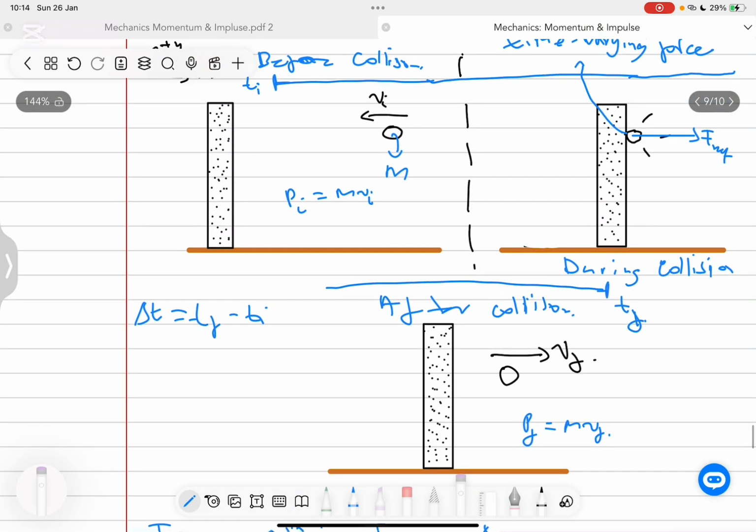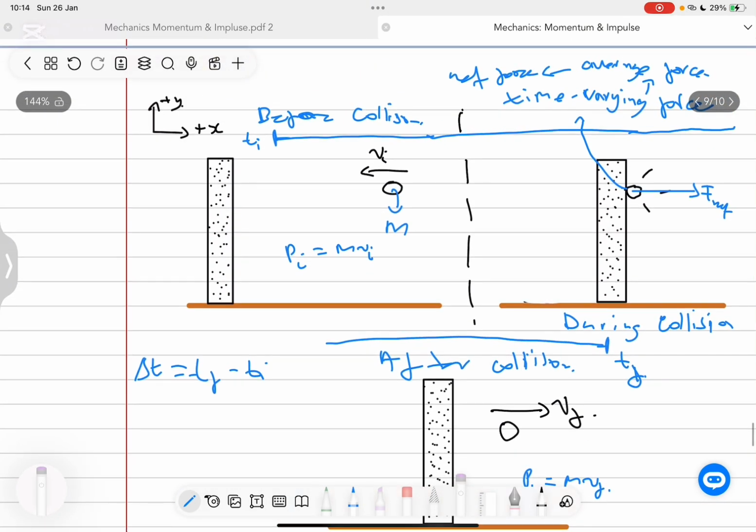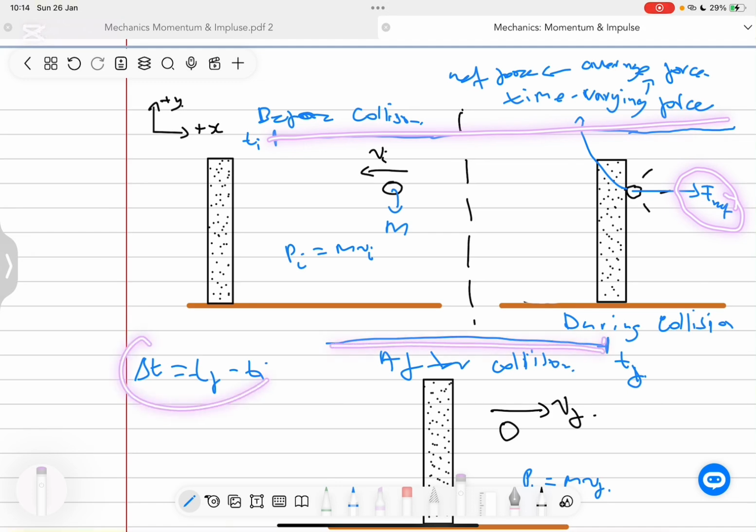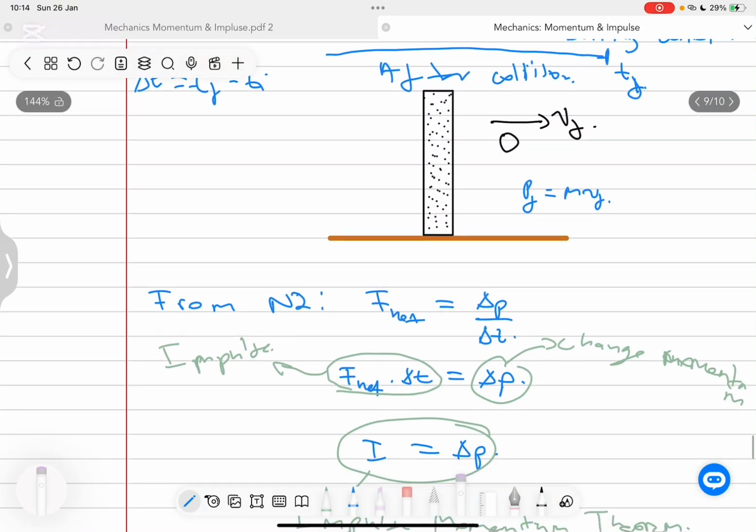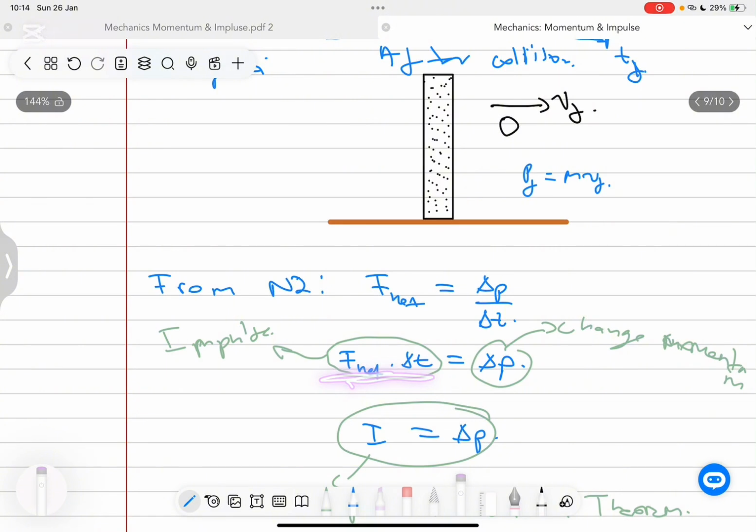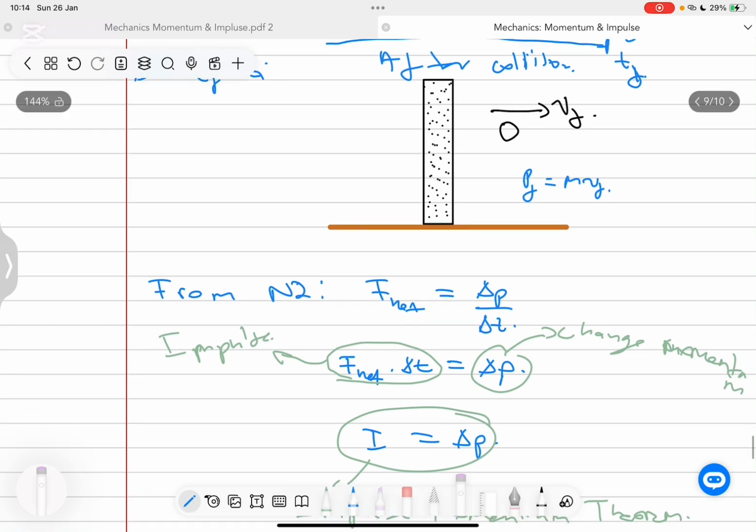If we look at this example here, when I want to calculate the impulse from the definition of impulse, I'm basically going to take this force and multiply it by the time it takes for the force to exist, which is this side. And this will give me the impulse. The two are equal from how we defined impulse.